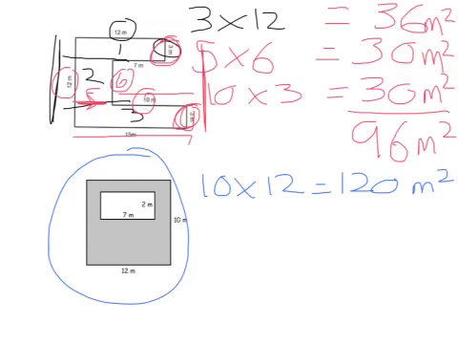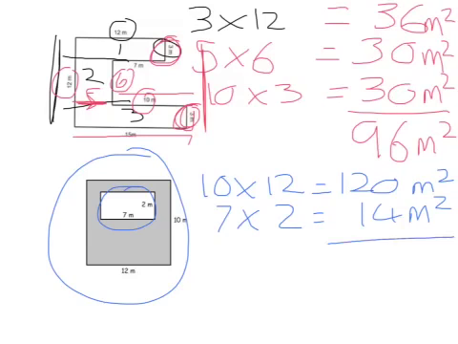Now I would find the area of the small rectangle inside, which is 7 times 2, which is 14 metres squared. Therefore, the area of the shaded, the grey part, would be 120, take away that 14, 106 metres squared.